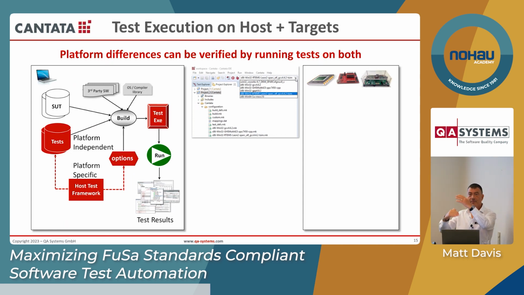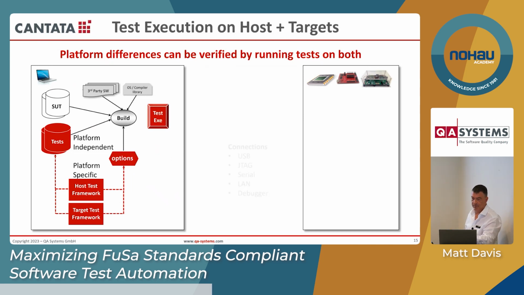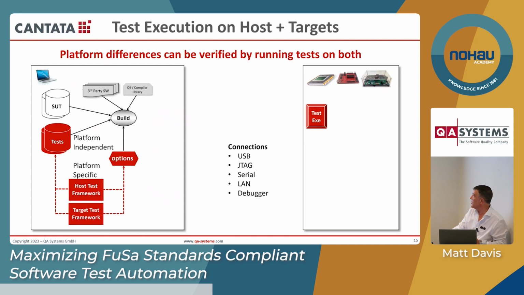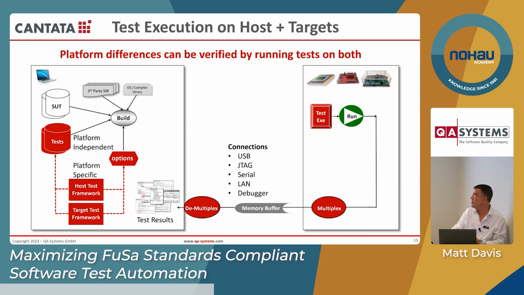You can have as many configurations as you like, because you've built them in Cantata. And then you simply choose that in the IDE, run the tests, and this time the executable is flashed to the board. When that runs, you get the results here, and those are passed back over the different interfaces, which can include multiplex, demultiplex, or buffers.